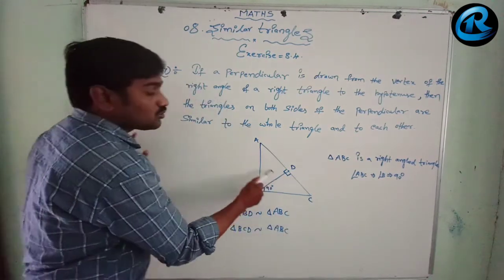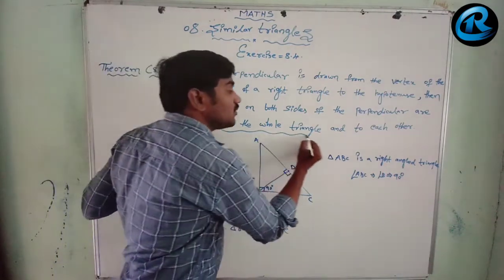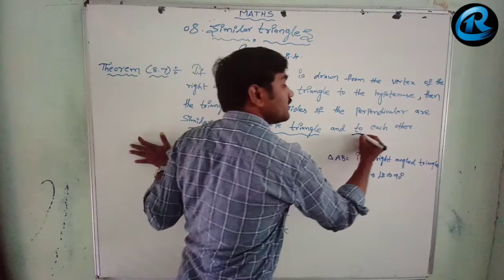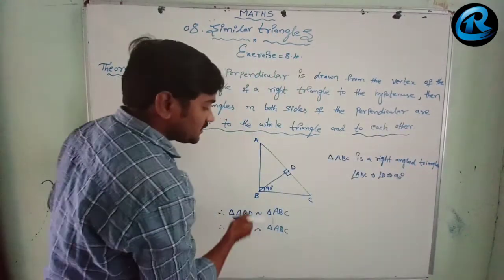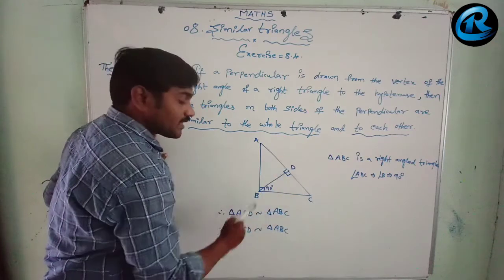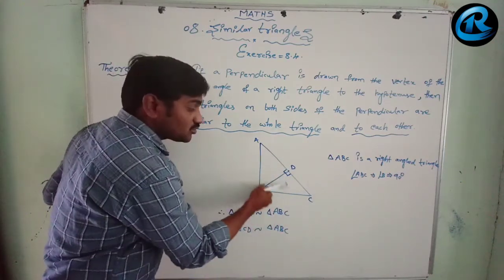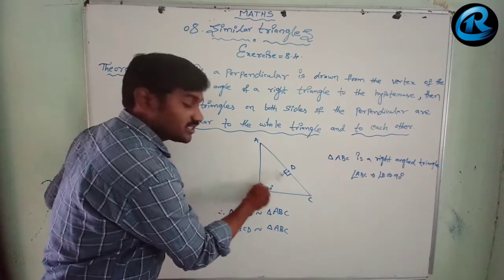That means these two triangles are similar to the whole triangle and to each other. Triangle ABD is similar to triangle ABC and triangle BCD is similar to triangle ABC, and these two triangles are also similar to each other.